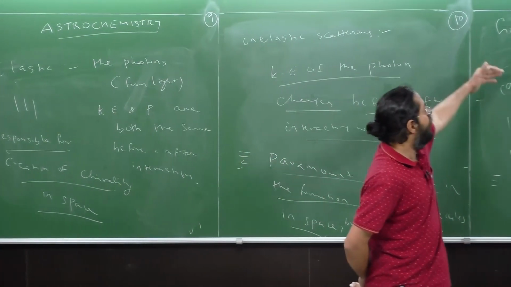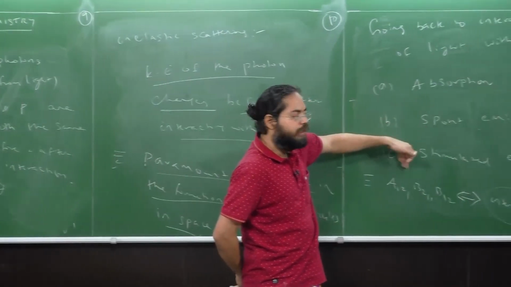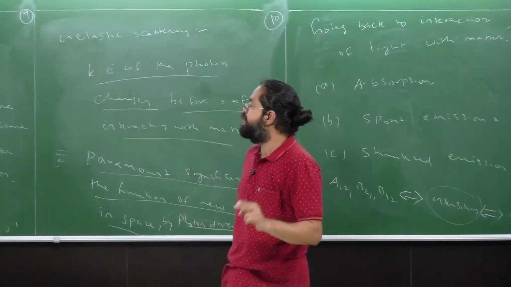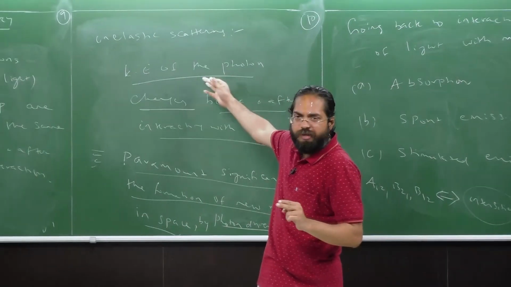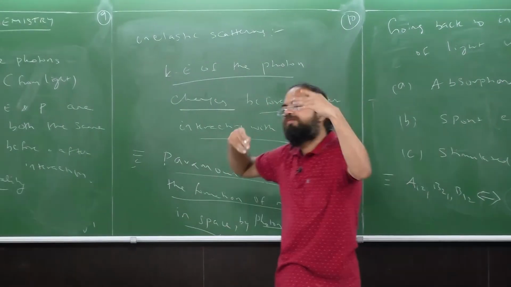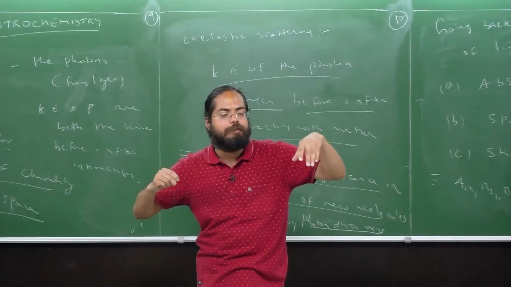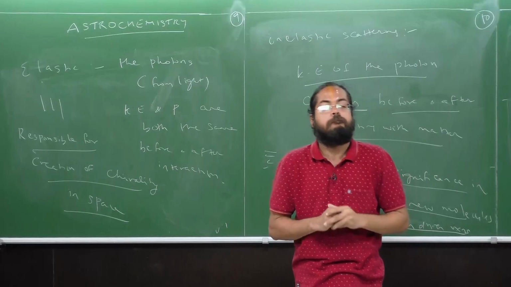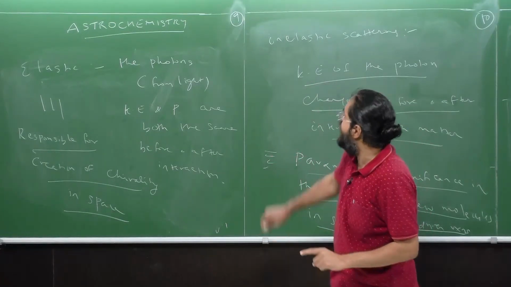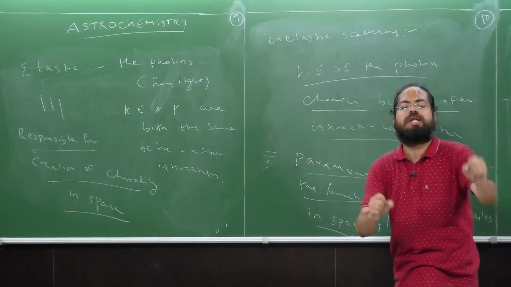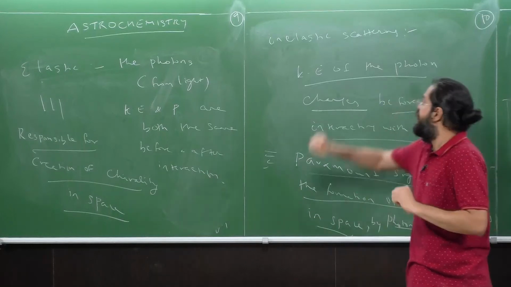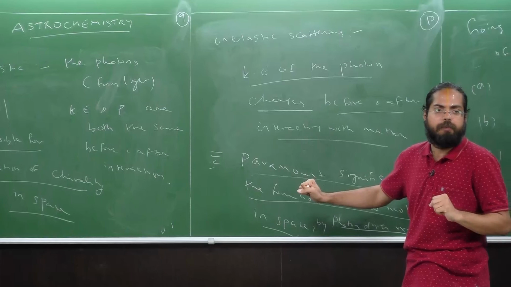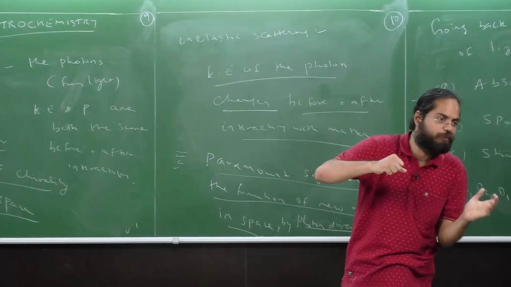So along with absorption, spontaneous emission, and stimulated emission, when light interacts with matter, two other things also happen, which is elastic scattering and inelastic scattering. Of course, all your reflection, refraction, dispersion, blah, blah, they're all a subset of scattering. So we need not worry more about them, okay? But both elastic scattering and inelastic scattering are exceedingly important in astrochemistry, because it is inelastic scattering that actually can lead to a lot of new molecules from existing molecules, okay?